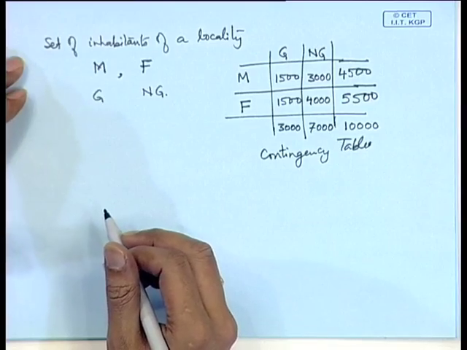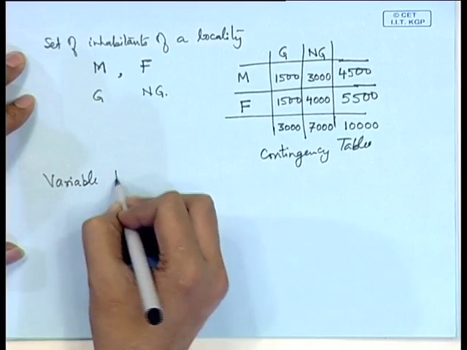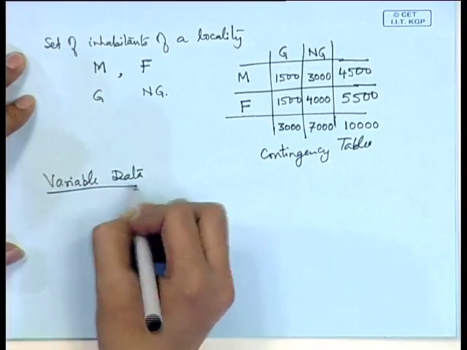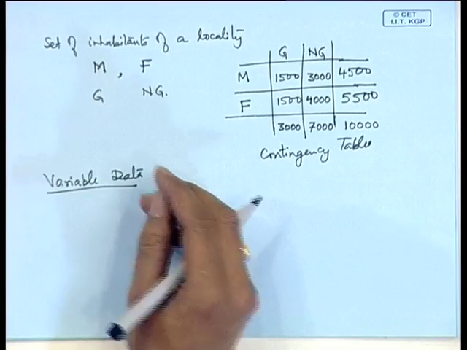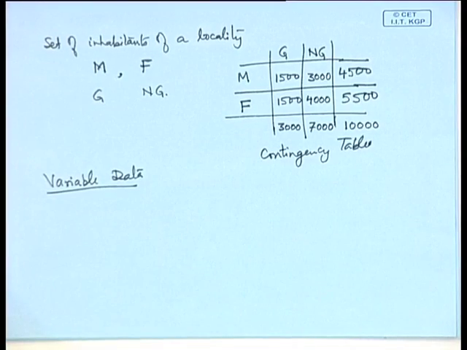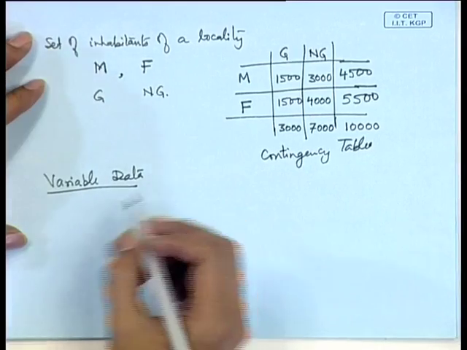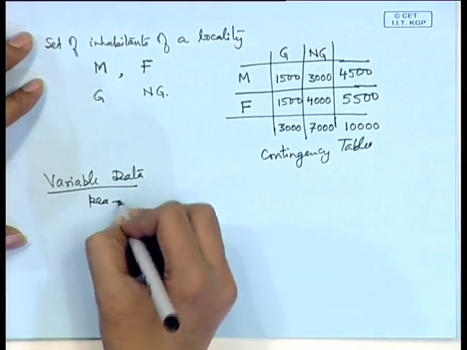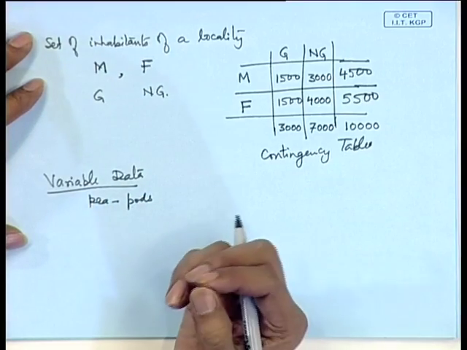Now, we consider variable data. Suppose the data is recorded on the number of peas in certain pea pods. So, in each pea pod, how many peas will be there?